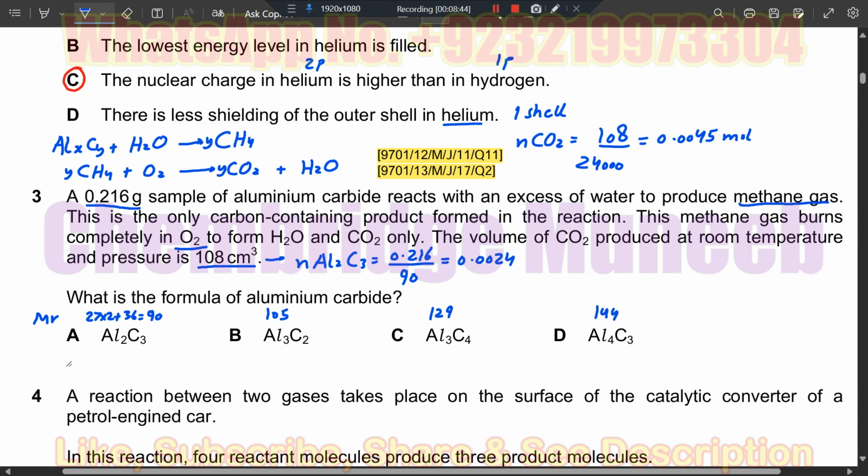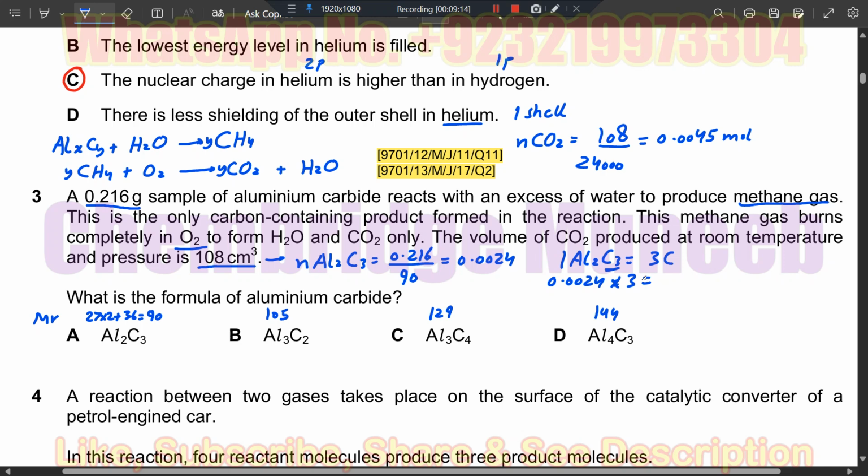I can infer from here that 1 mole of Al2C3 has 3 atoms of carbon, or you can say 3 moles of carbon, which means if its mole is 0.0024 moles, then the moles of carbon should be 3 times this value.